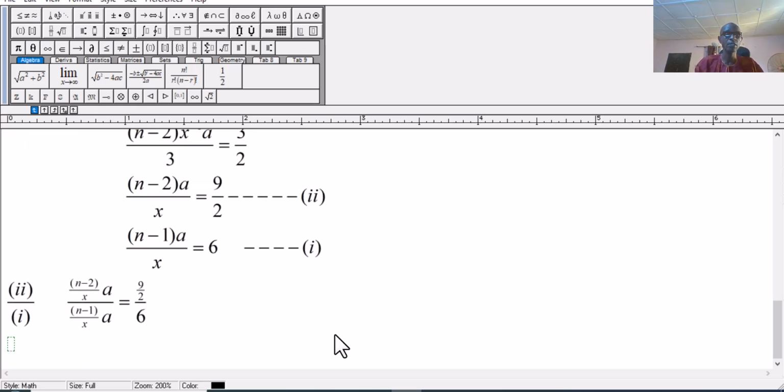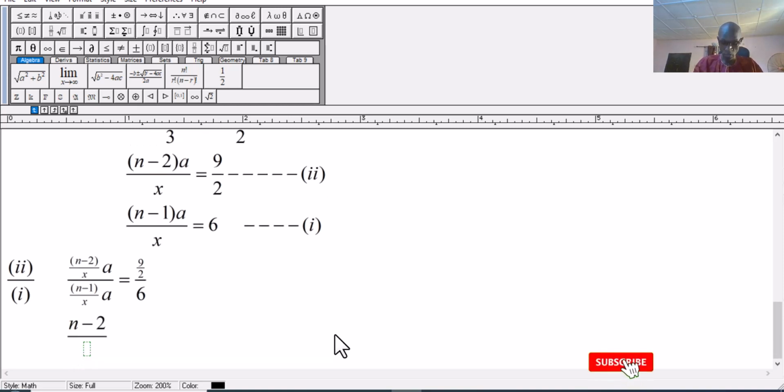So that is that. So what we finally have, x will cancel out, a will cancel out. So you have n minus 2 over n minus 1 is equals to, that 3 will cancel that, so you have 3/4 for that division.